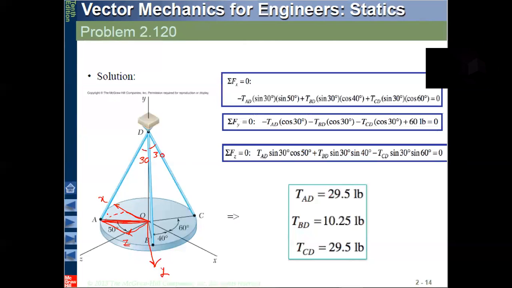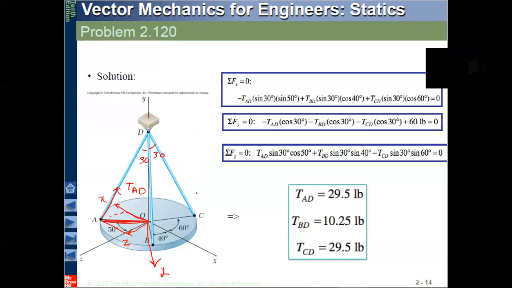Well, we know that AD should be in tension, so we have a force like this, and the x component obviously has a negative sign, so we have a negative sign here.